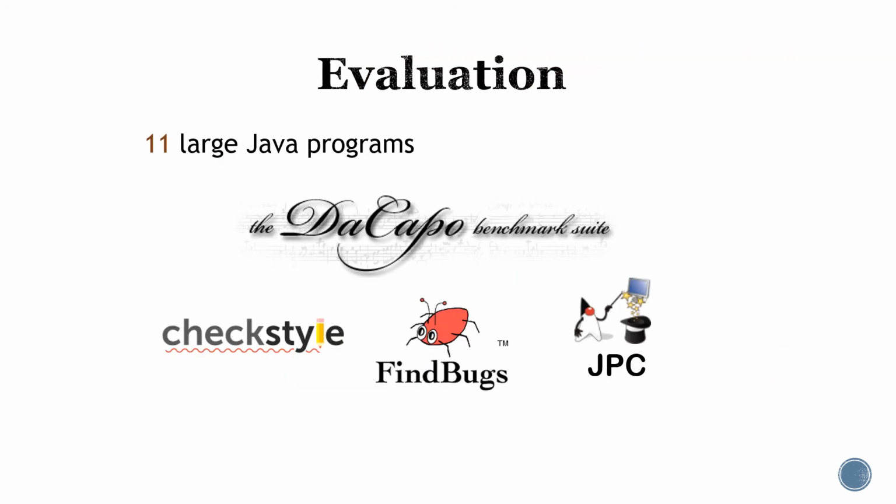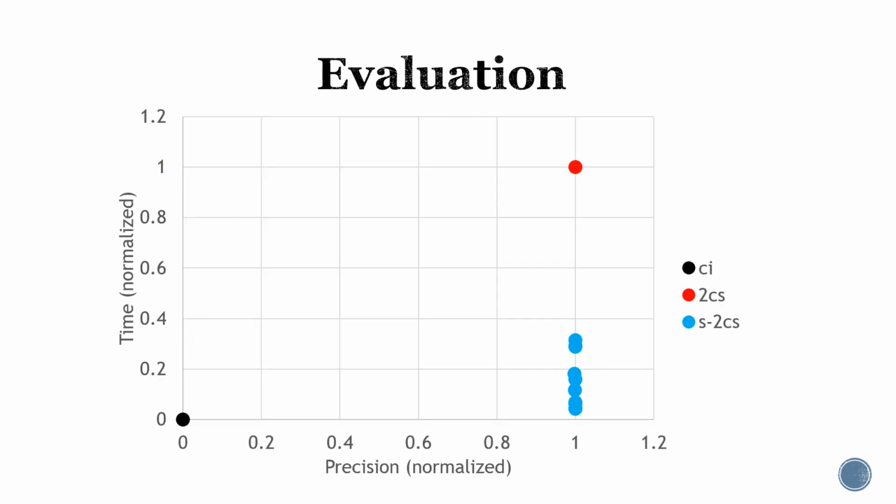To evaluate our approach, we use 11 popular programs, including some from a commonly used Java benchmark suite and several classic applications. We have evaluated our approach on k-CFA-sensitive pointer analysis for demonstration. In order to demonstrate the comprehensive utility, the results are normalized according to the baselines.